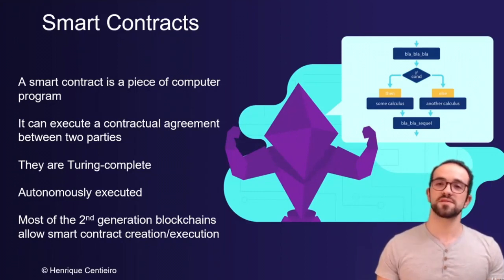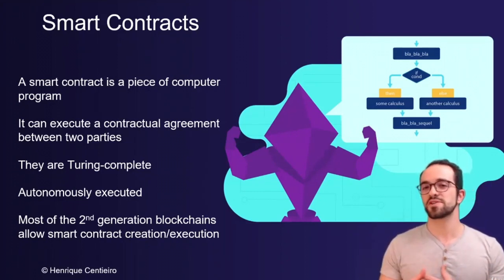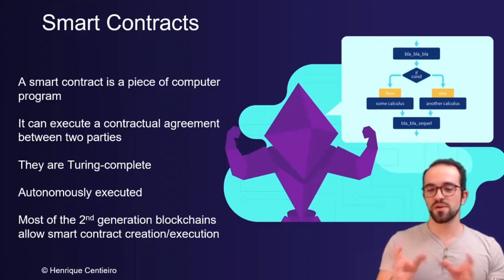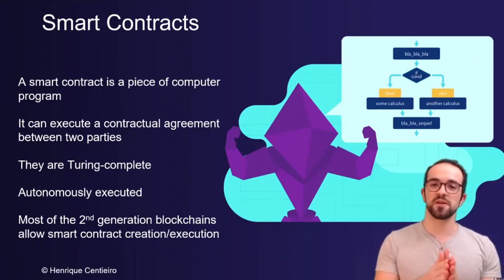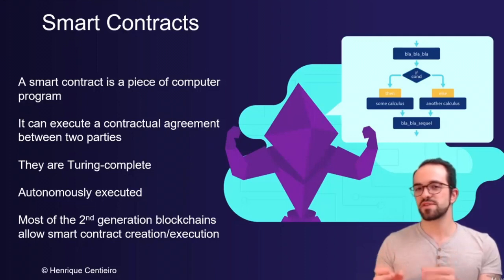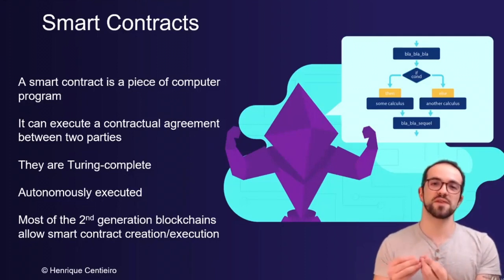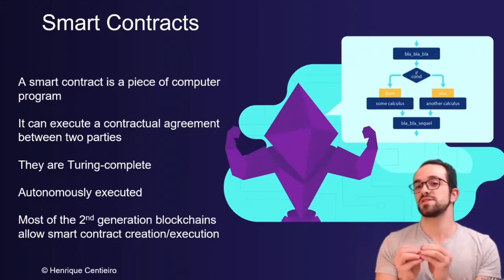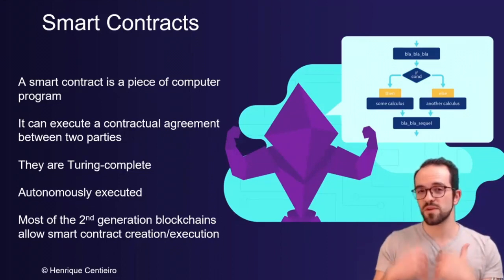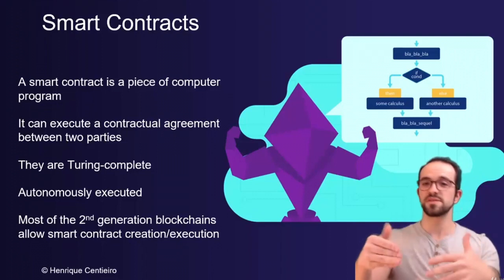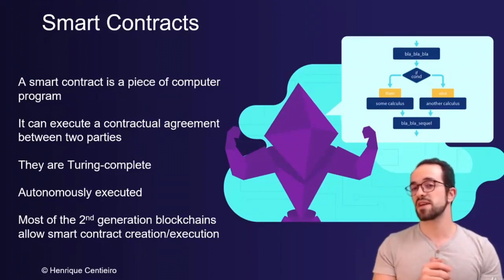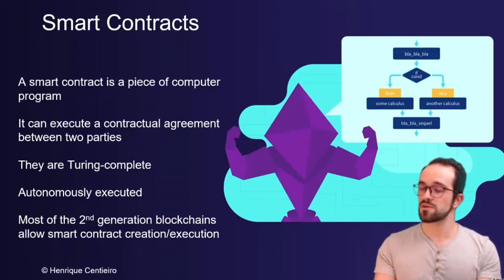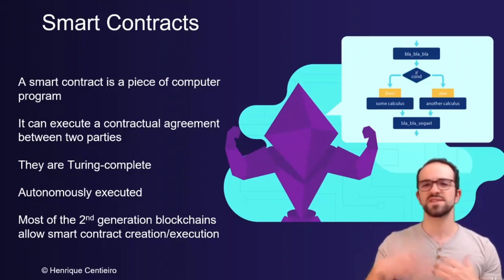And people say that code is law in the blockchain world. So if you code a smart contract saying, okay, if anyone pays $10,000 for this NFT, then the NFT is automatically transferred to that person, that's a smart contract that is going to be self-executed. If someone pays the $10,000, automatically the ownership of the NFT is going to change according to what we have defined in the smart contract.